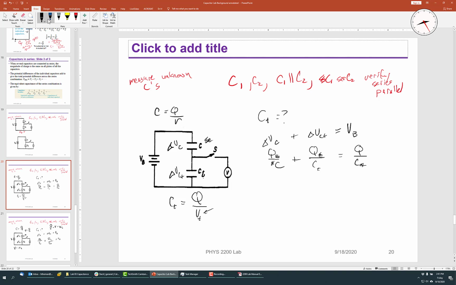So we're trying to derive equation 19, which is CT equals C times VB over V minus 1, where VB is the V battery and V is the voltage from the voltmeter.